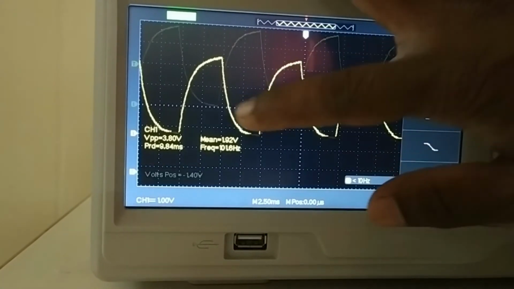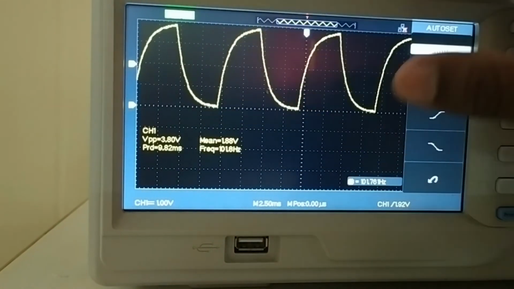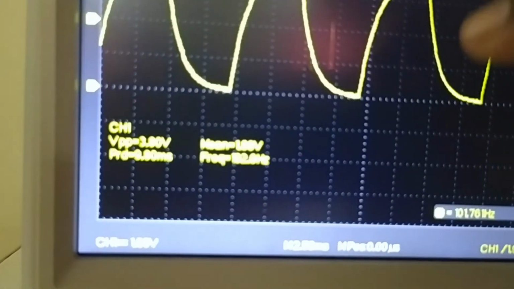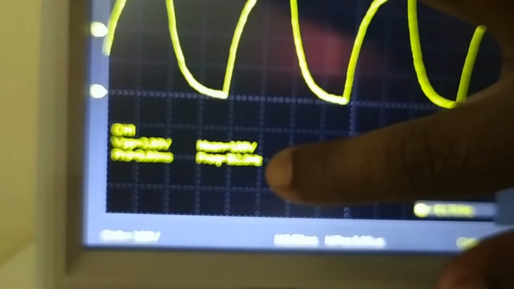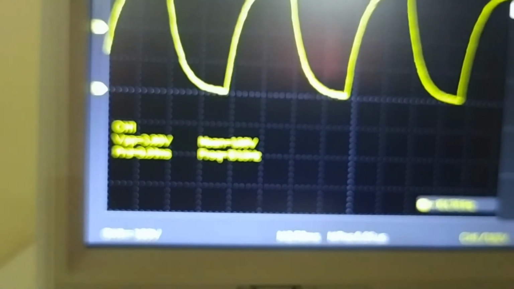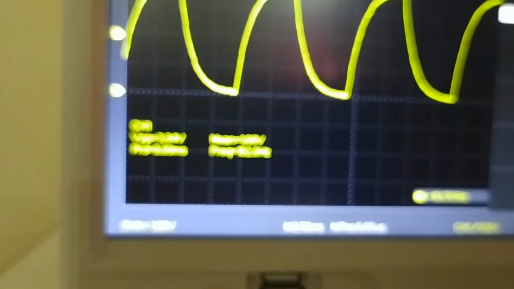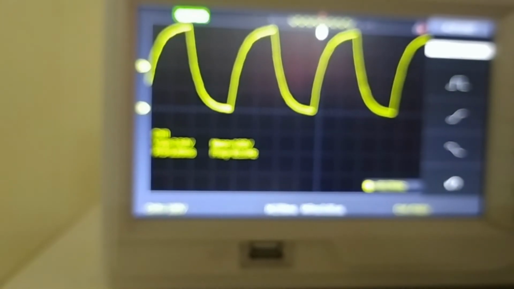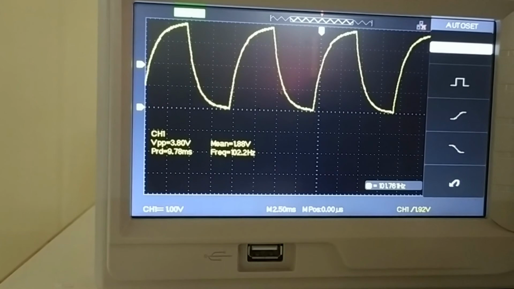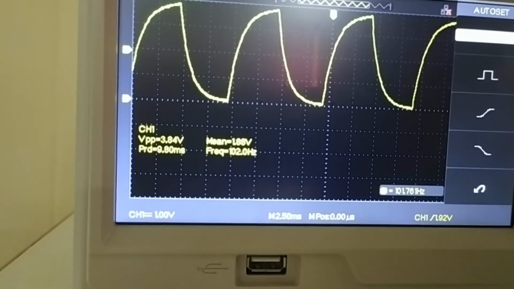This waveform gives the voltage peak to peak value, that is 3.80 volts, and the frequency, that is 101.9 hertz. Note down these readings in your tabular form. Measure the time constant, that is R into C, by using the trainer kit values.